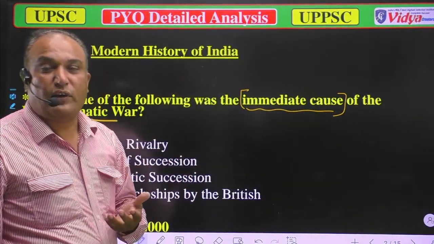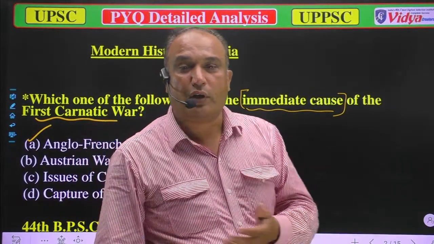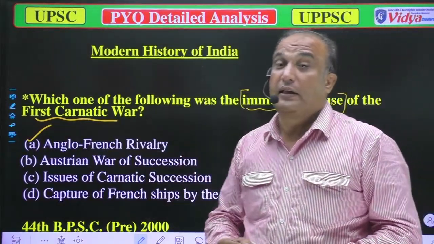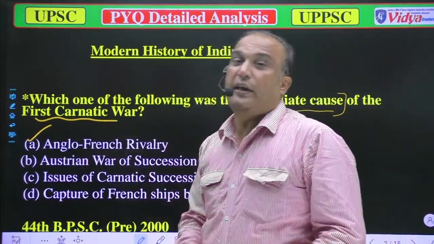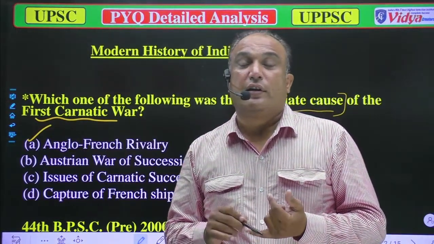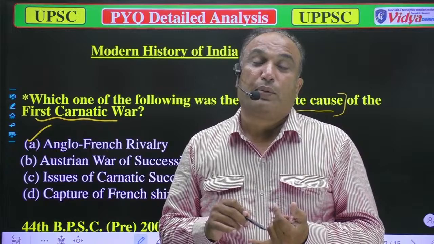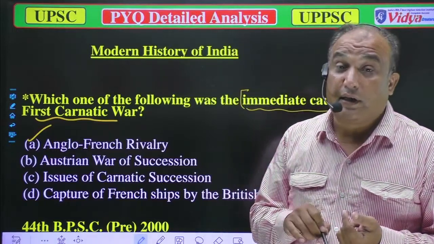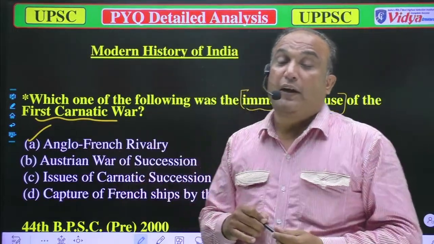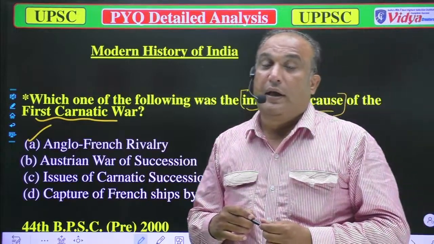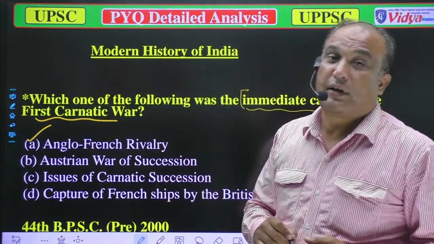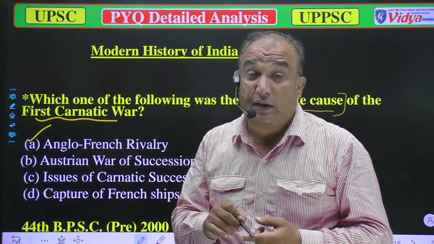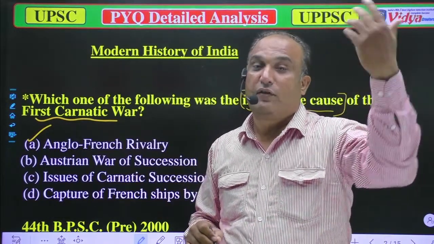In contemporary India, we see Karnataka with K. The reason is that at that time Karnataka consisted of some parts of Tamil Nadu, some parts of Karnataka, and some parts of Andhra. That was a very big part of India, and we call it the first Karnataka war because the source of this war was situated in Karnataka of that time.